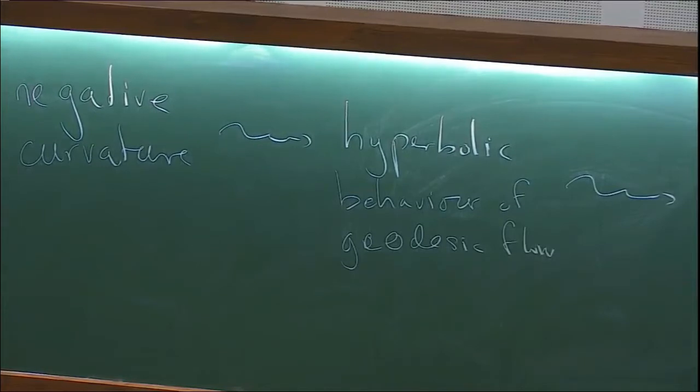Perhaps I should begin by explaining ergodicity. So the idea is you have a flow on some space X, and let's have a measure mu that's invariant under the flow.